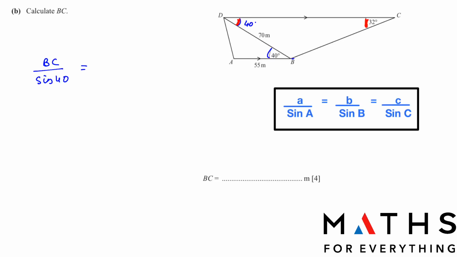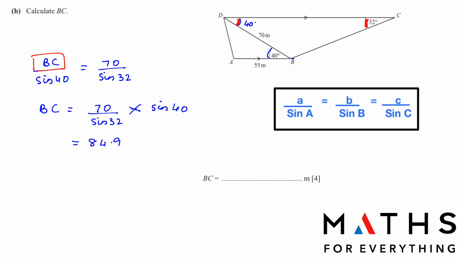BD is 70 and the opposite angle is sine 32. As you want to find BC, we make that the subject. We shift the sine 40 to the other side. 70 over sine 32, when we bring it to the other side, it will be a multiply. That is sine 40. You will get the answer 84.9 meters.